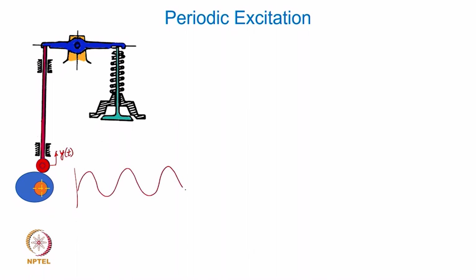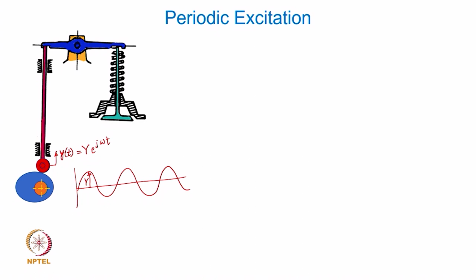So, with this excitation y equal to capital Y e to the power j omega t, we assumed it to be harmonic, and then we basically went ahead in finding out what is the response of the vibratory system.